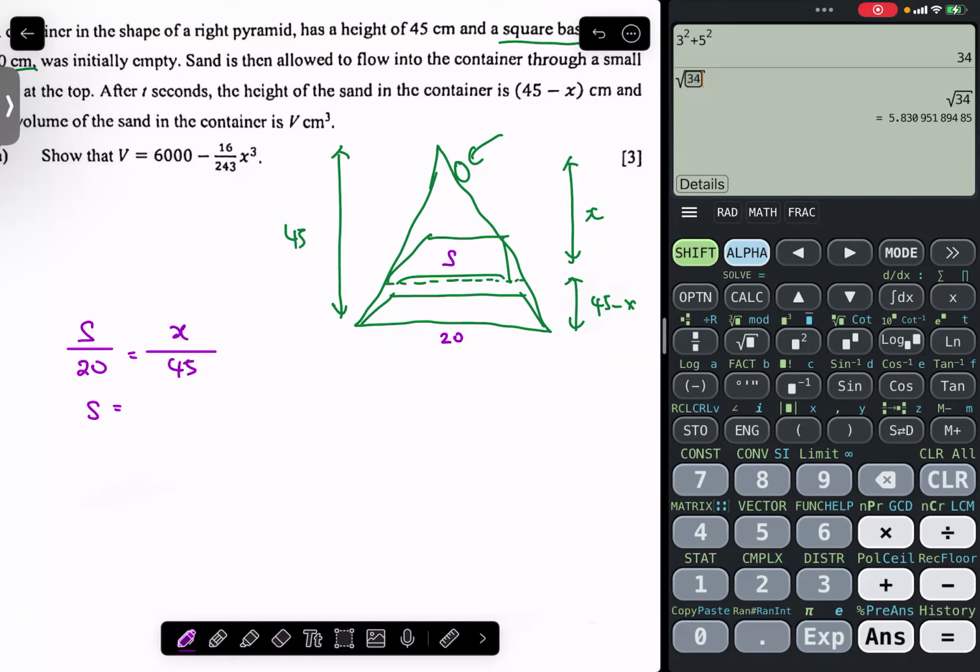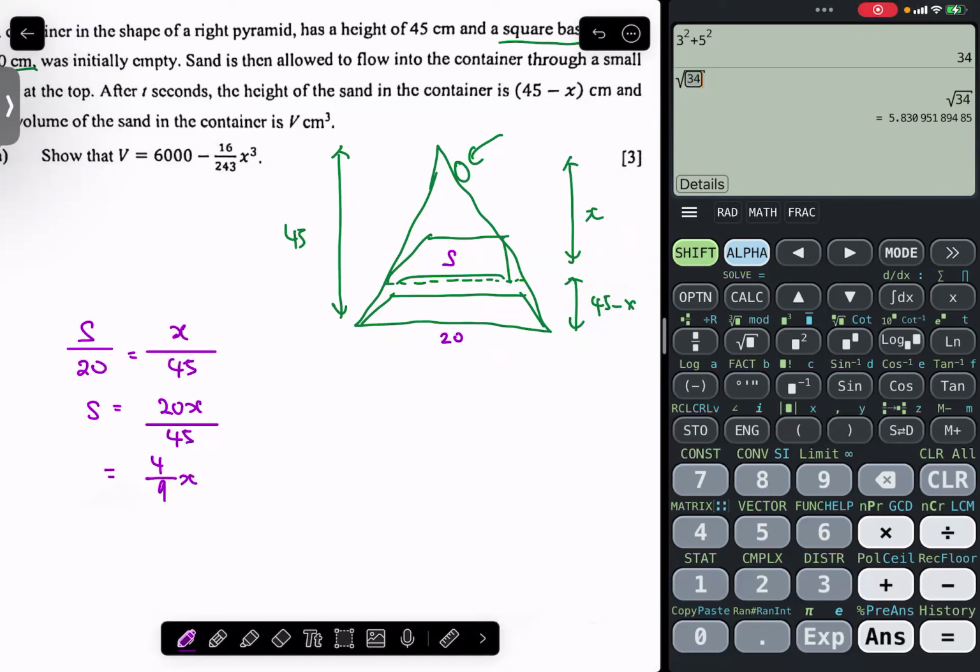So S equals 20x over 45, divided by 5, 4 over 9 x. So I make the length of the square at the top in terms of x.